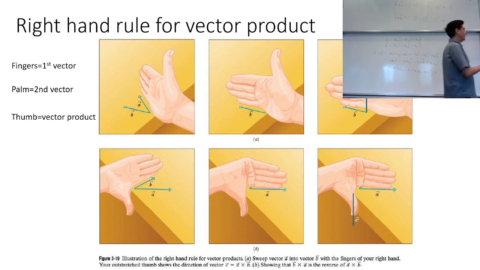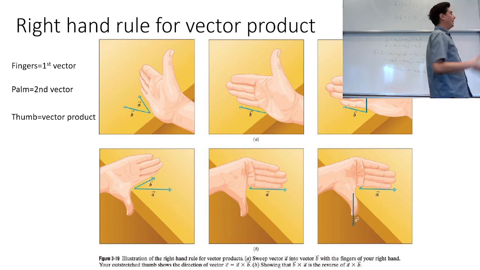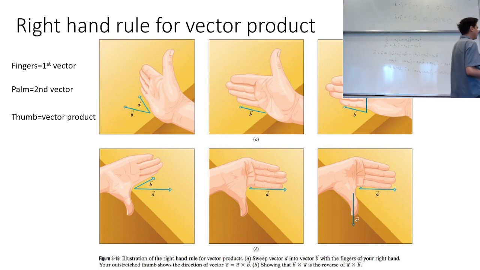So it's not going to change the result according to this right-hand rule. So the palm is pointing this way, because the B vector is more or less that way. And then the thumb is telling you which way the result of A cross B is going to be pointing. So it's going to be this one.